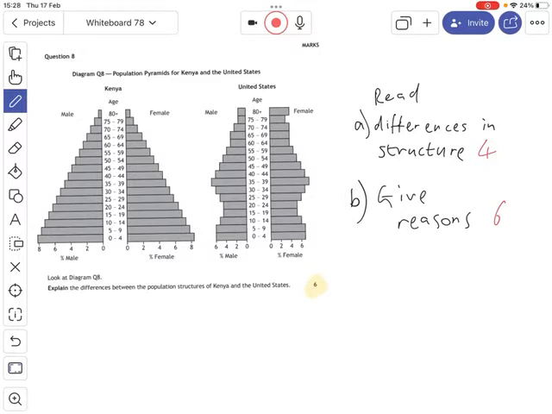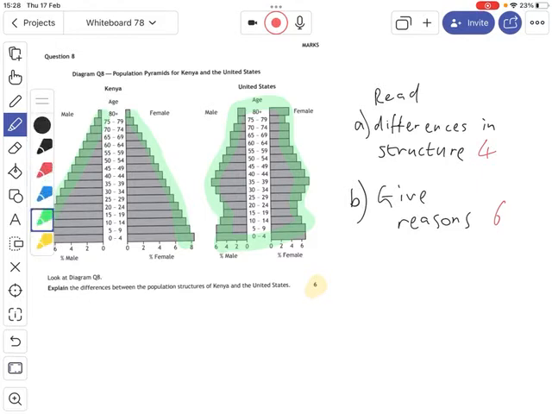Now, this goes back to relying on your knowledge of what I taught you about developing countries being a cone shape, whereas developed countries tend to be either a bullet or a coffin. This one sort of has a bullet shape. The birth rate at the bottom is sort of bringing something different to it here, but generally speaking, the youthful population is down here.